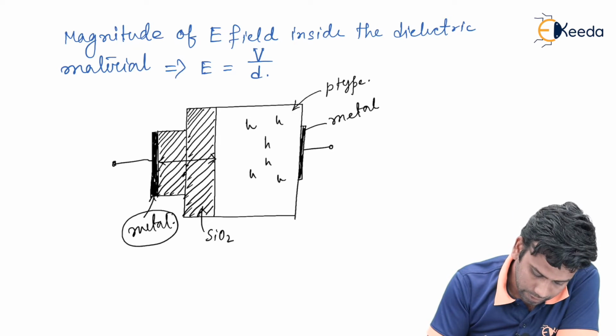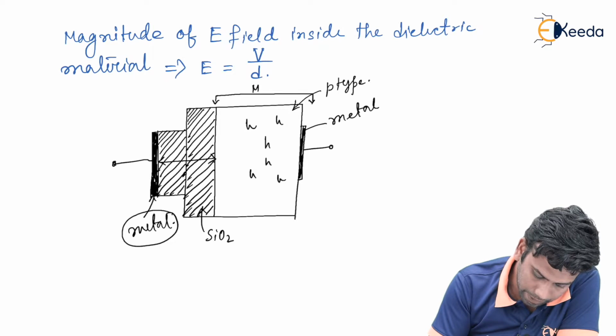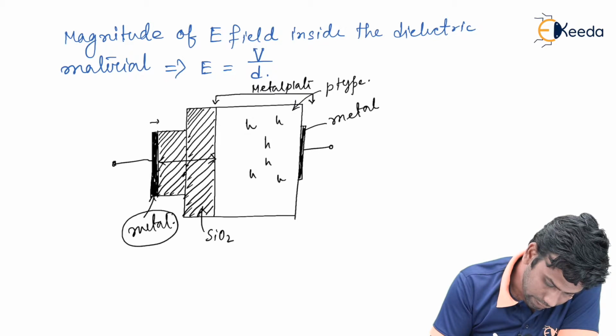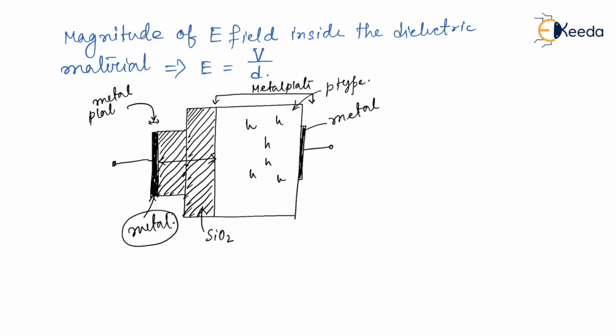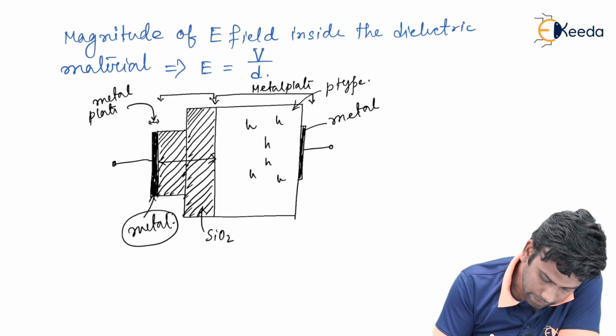That means this part will serve as one metal plate and this part will serve as another metal plate, and this region from here to here will serve as the dielectric material.